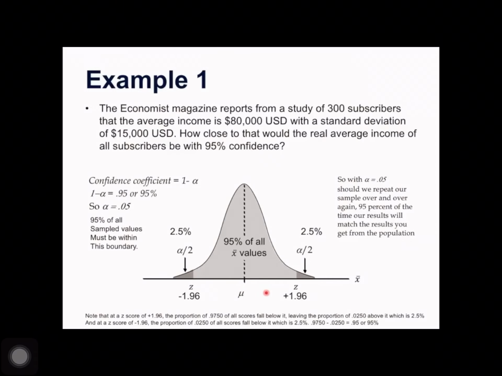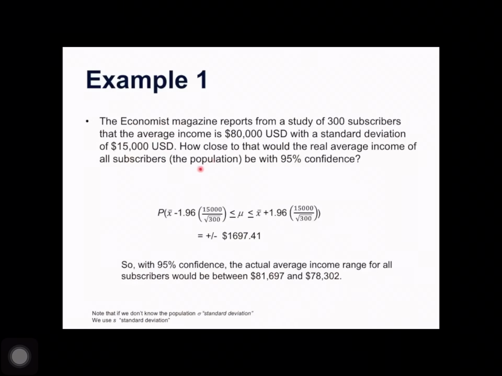Now we can adjust this level of confidence. It doesn't always have to be that, but here's how we would actually fill this question out. Since we need 95% accuracy, that we would be within an average income of 80,000, reflecting the actual population. You can see how you would fill in the formulas yourself if you wanted to do that, and it would come out with a value of $1,697.41.